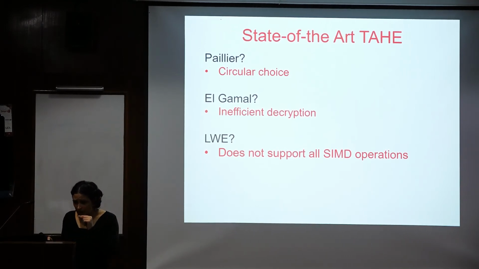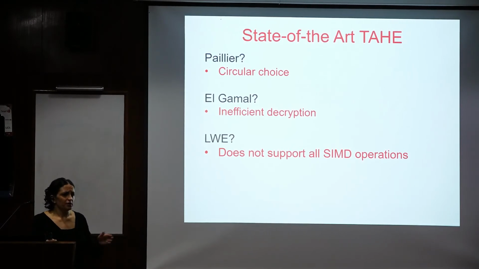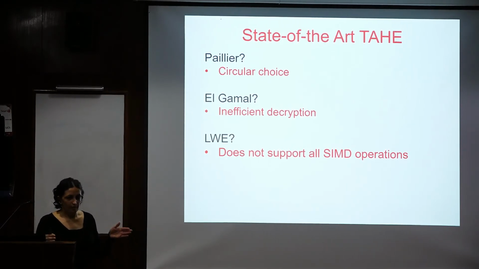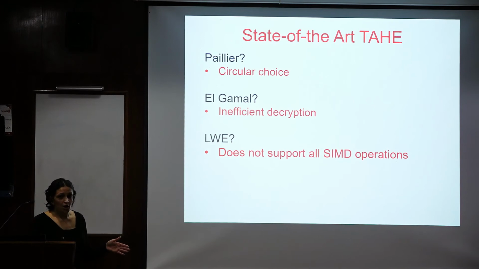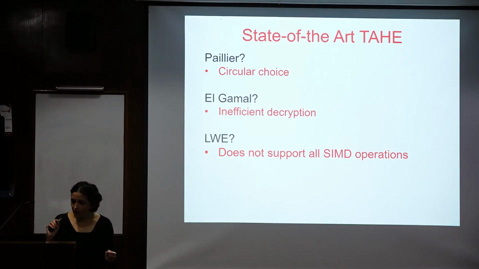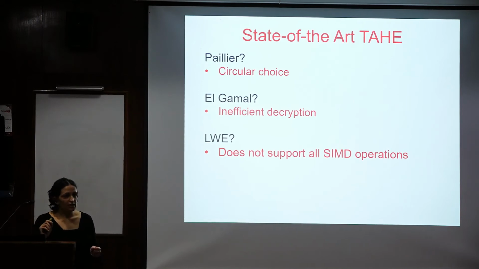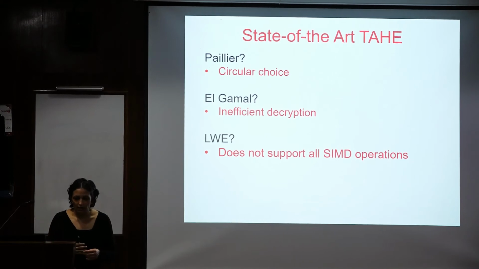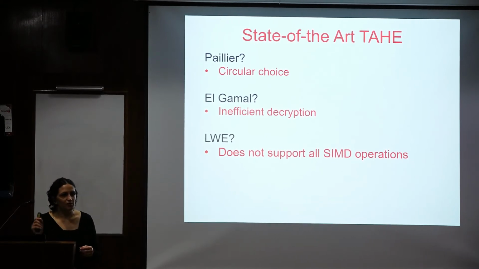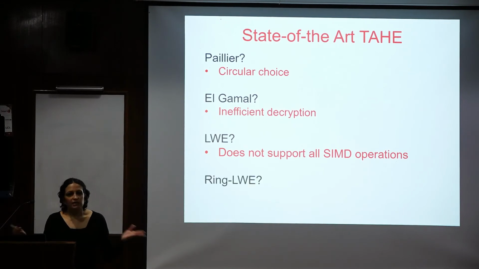And LWE does support packed addition, but not multiplying with a scalar. So originally we thought we were going to use LWE, but it didn't reach the performance we needed. So what's left?